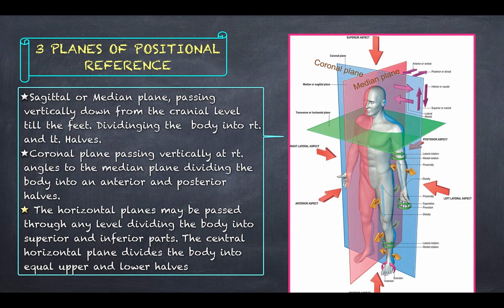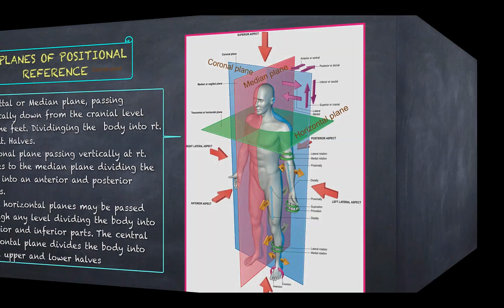Now, horizontal planes can be passed through any part of the body, but if it is passed through the middle, then it will divide the body into upper and lower halves. So all these planes are important and we must remember them. An organ is superior or inferior to another organ, and medial or lateral; all this we have to tell when we are examining a patient.